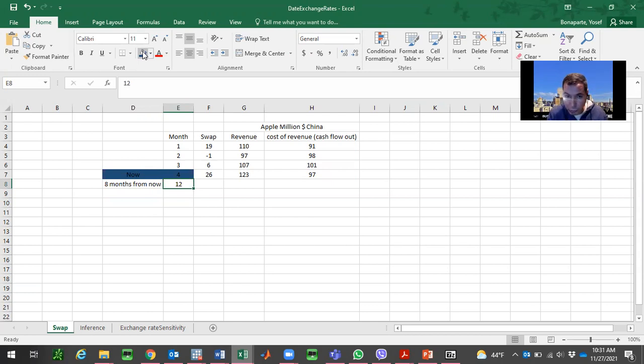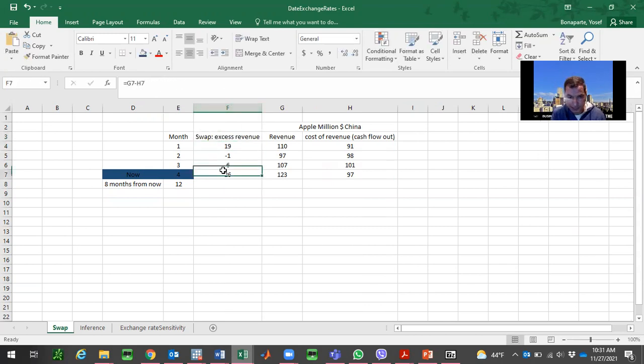So you need to work out how much of the currency is under risk, the excess revenue that I need to protect, or in this case, swap. So I need to do something that in finance and economics we call a forecast. Last week we talked about price projection. That's one forecast.